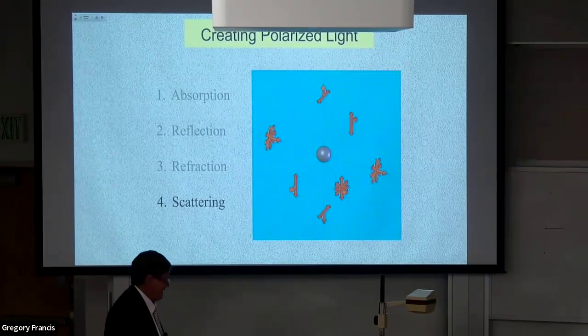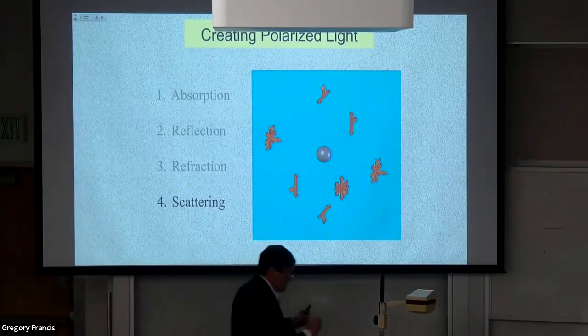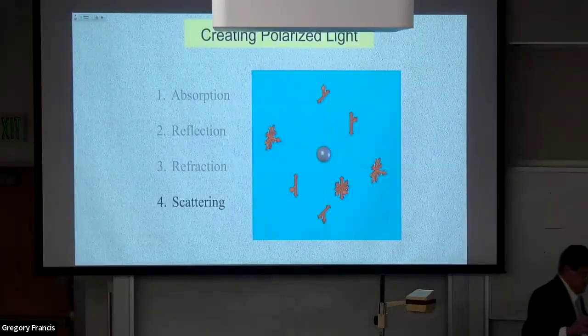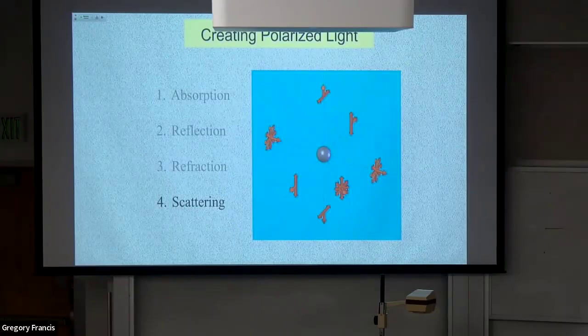Okay, well, it turns out that that scattered light that's sent out in all directions gets polarized along directions that are perpendicular to the direction the light came in at, for reasons that we're not ready to talk about.